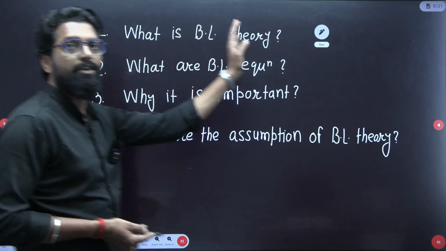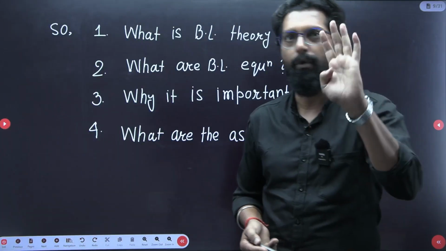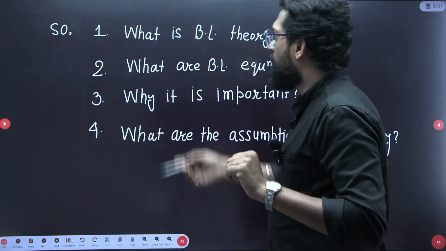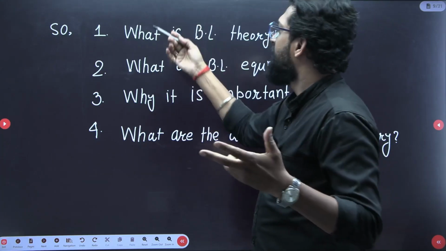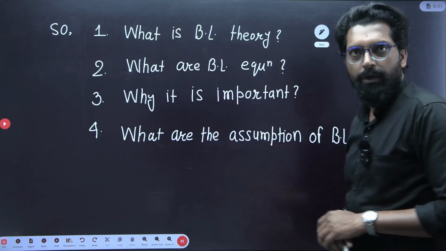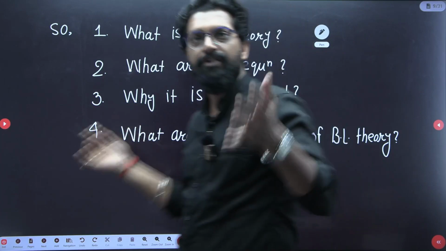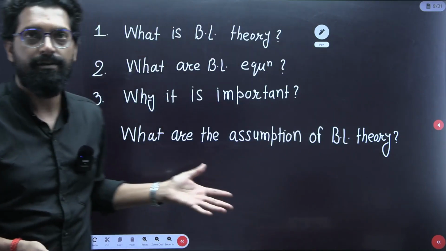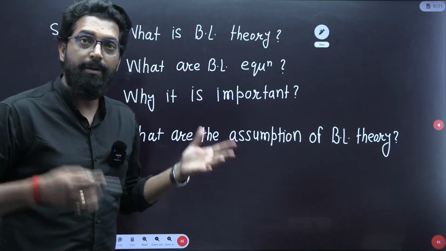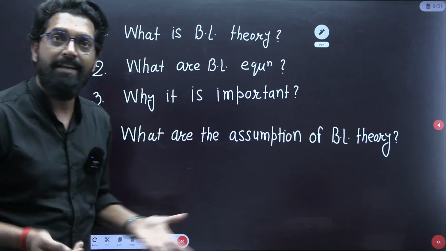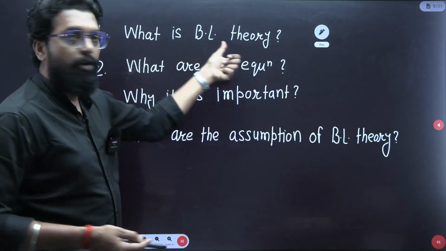That means what is the conclusion of the previous 4 lectures? The conclusion is that we are able to understand what is the boundary layer theory. Someone may ask you this question, this is a very important question. Always keep in mind, and accordingly you have to revise this lecture. What is the boundary layer theory?